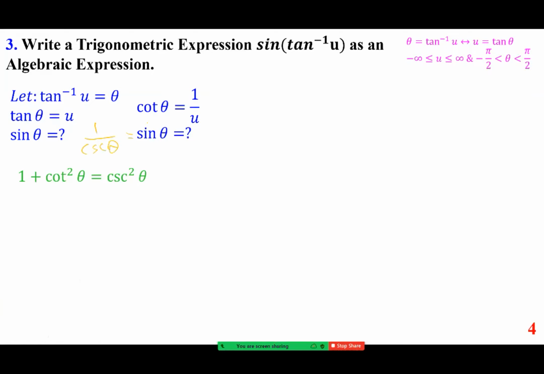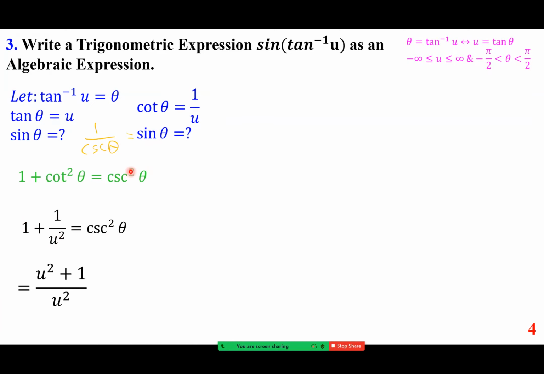So let's plug in. 1 plus 1 over u squared is cosecant squared theta. When we take a common denominator of u squared, this becomes u squared plus 1 over u squared. That's cosecant squared.